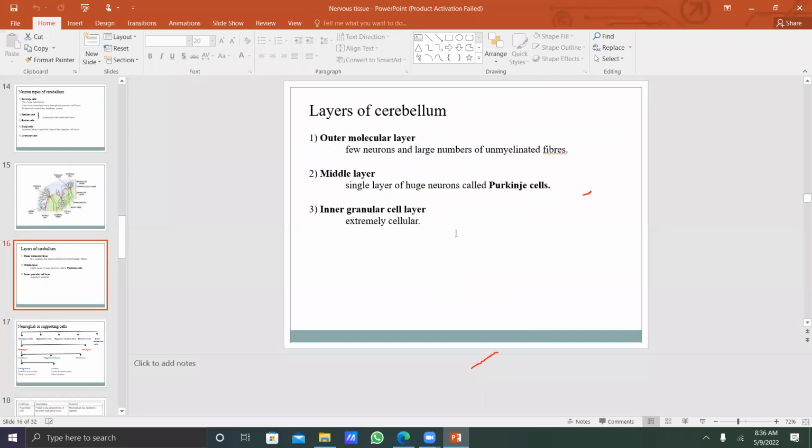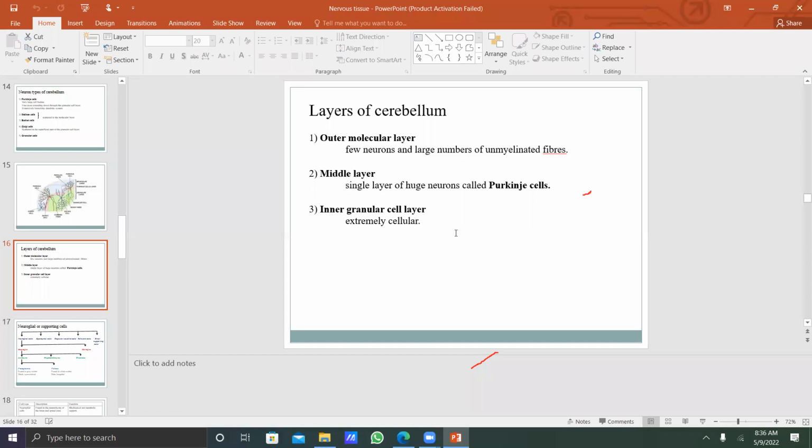So far we have talked about the neurons and the various neuron cell types we can see in the cerebral cortex and the cerebellum along with their layers. Now, the other part which comprises the nervous tissue is what?